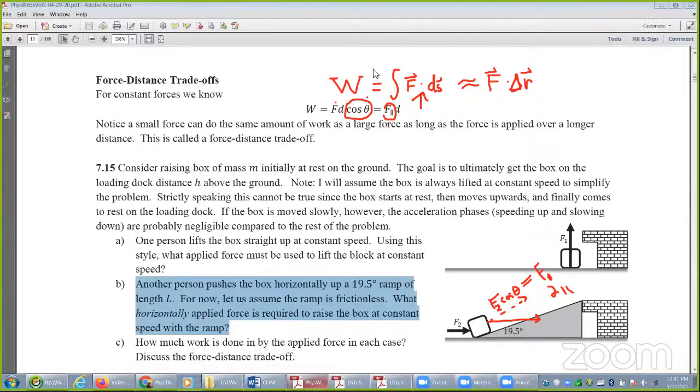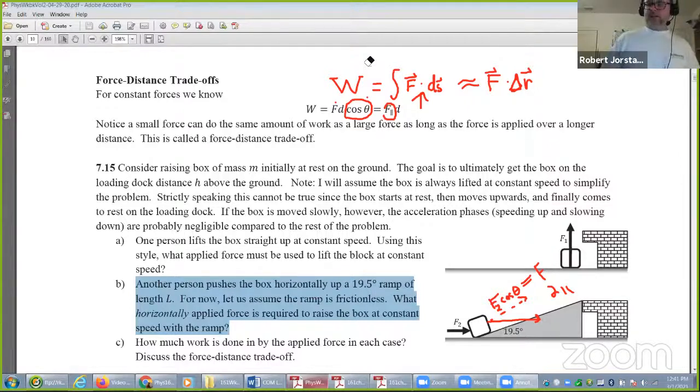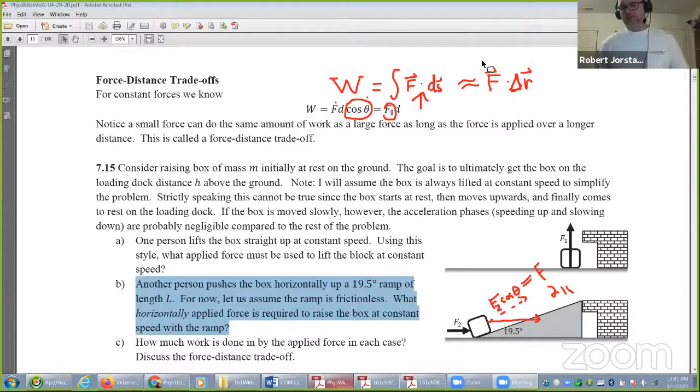All right. So thinking about it in energy consumption, you use up the same energy. It's just you need less force to move the object. Yeah. Well, in this case, we're going to talk about energy in the next chapter. So let me say it this way. The change in energy of the block is the same for each of these two scenarios.